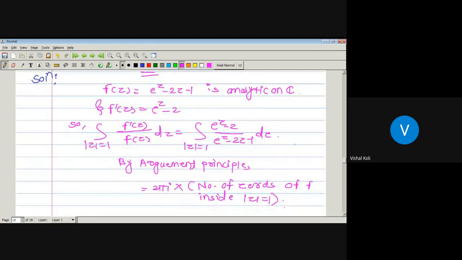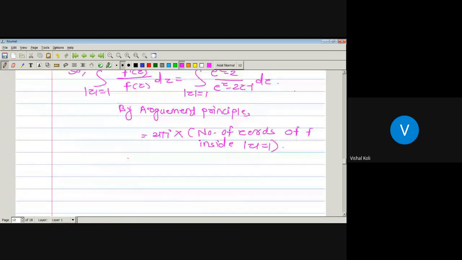Okay, now f of z is equal to e to the power z minus 2z minus 1. Here we will take f1 as minus 2z and g1 as e to the power z minus 1.